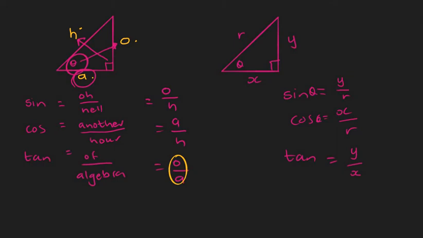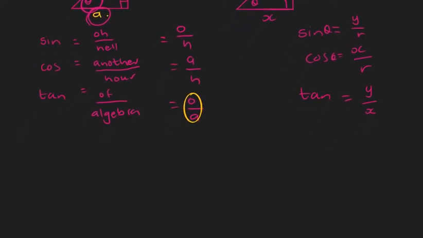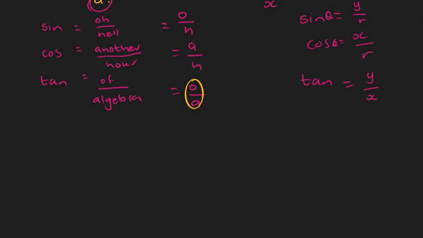Okay, what you also need to know is your reciprocals. Sine theta, which we said is opposite over hypotenuse. Now cosec is the reciprocal of sine, so it's going to be hypotenuse over opposite, and not opposite over hypotenuse.